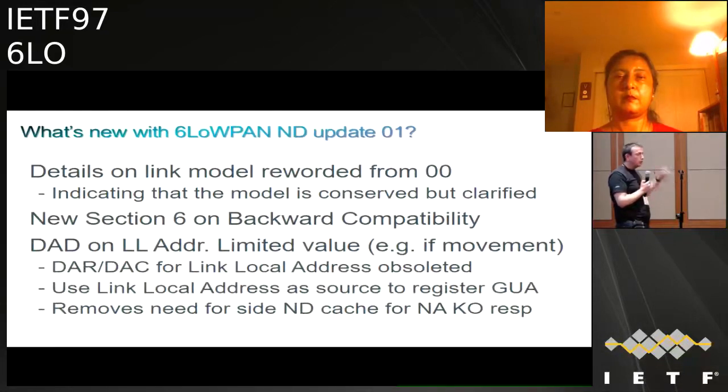So link local, you don't go to the 6LBR anymore. Global, you use a link local to register, because now we don't register the source anymore. Remember, we are registering the target. So because we can register the target, the source can be a link local for a global address. And now you don't have to store it in your neighbor cache either. So all this difficult process of maintaining a separate neighbor cache goes away.